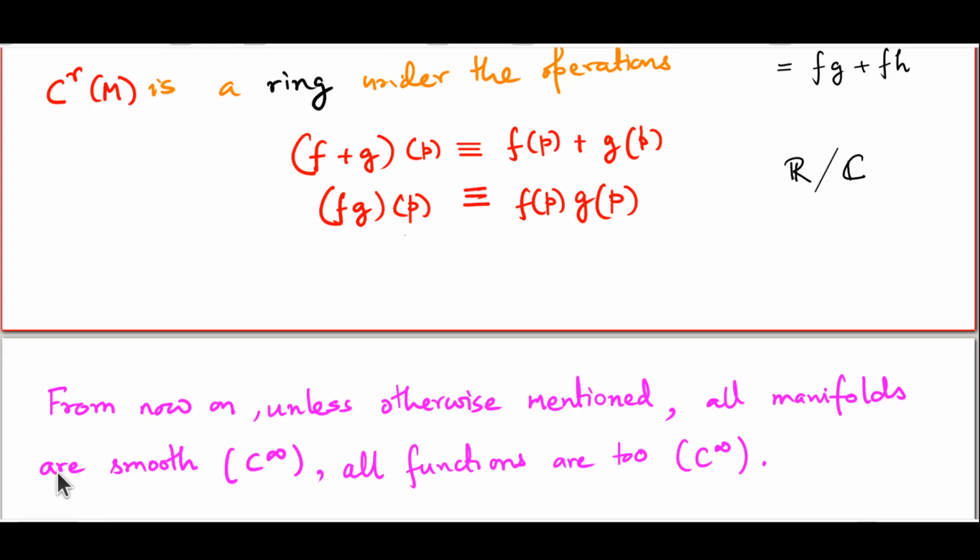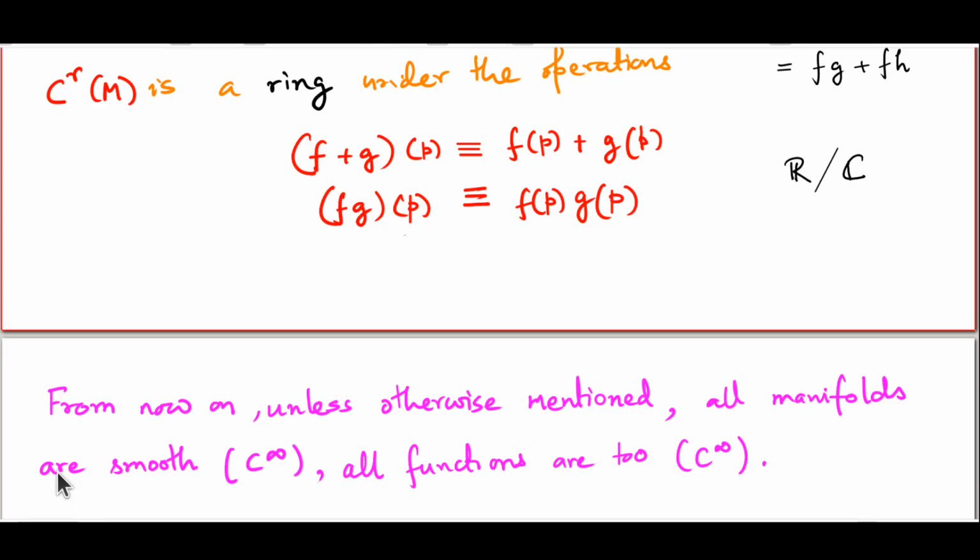Now, given a smooth function between the two manifolds M and N, there is a rather nice way to relate a smooth function on N to another on M. Or what we can say is we can pull back a smooth function on the image space N and use it to produce a smooth function on the domain M.